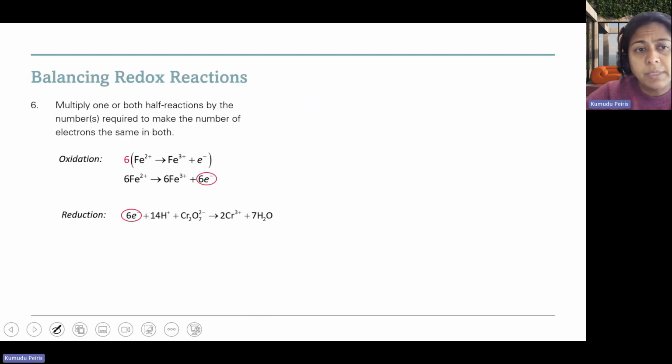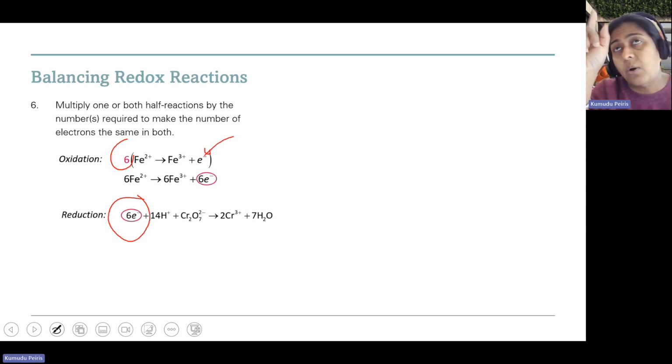Next, you will multiply one or both half reactions by particular numbers to make the number of electrons equal for both half reactions, right? So the reduction reaction now has 6 electrons on the reactant side, but the oxidation one had only the change of 1 electron.